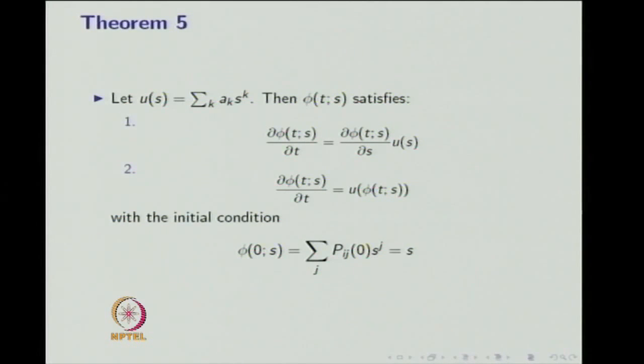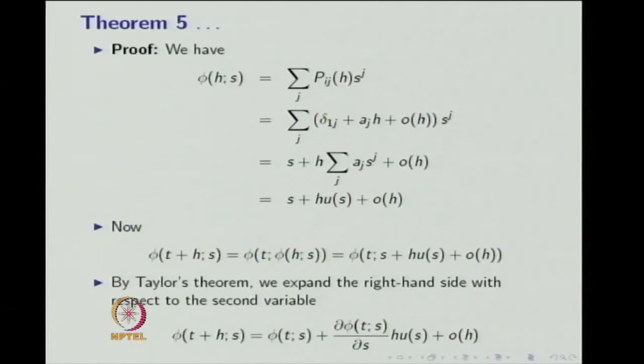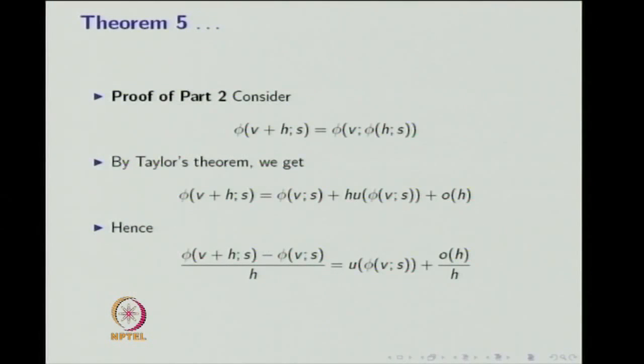Similarly, one can prove the second part of Theorem 5. The proof of part 2: we start with the probability generating function psi(v + h, s), which is the same as psi(v, psi(h, s)).